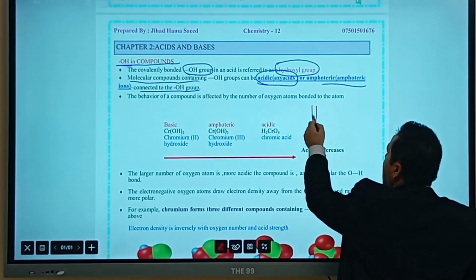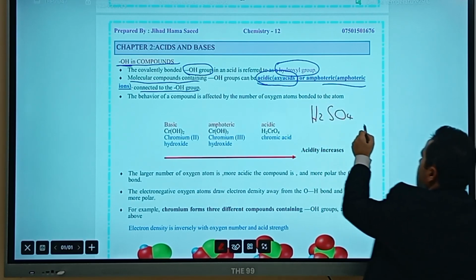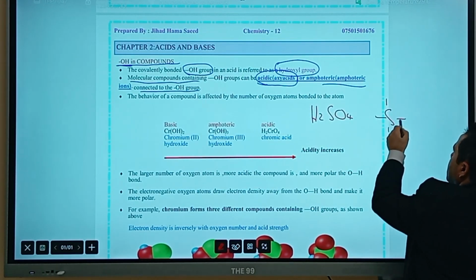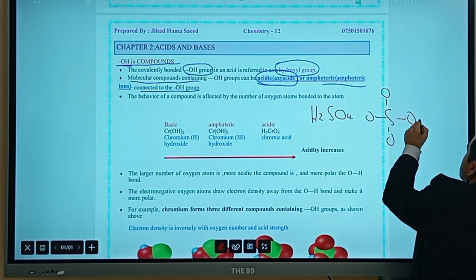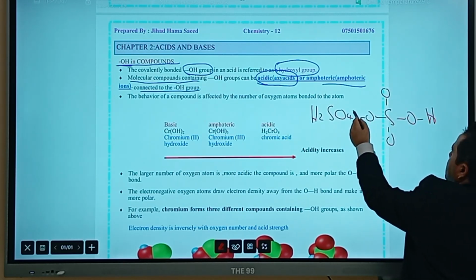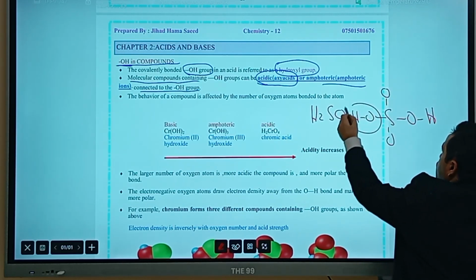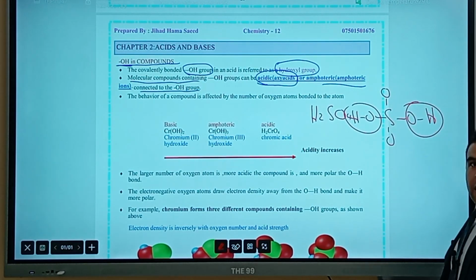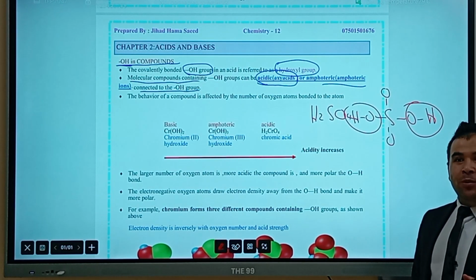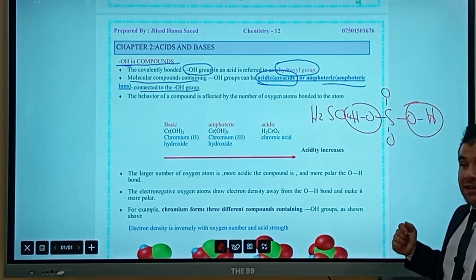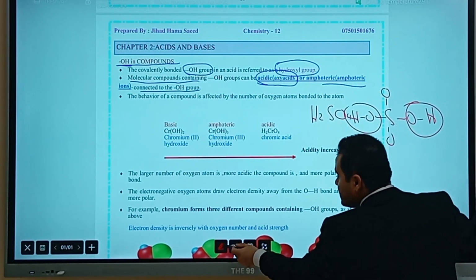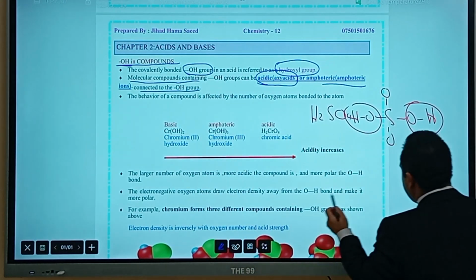For example, H2SO4. If you open the structure, it's connected with 4 oxygens, and 2 of the oxygens are connected with hydrogen. So these OHs are the hydroxyl groups. It has 2 hydroxyl groups and it's an acid. Now an example for the amphoteric.